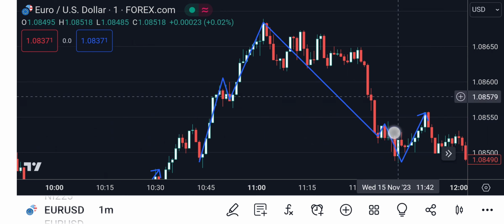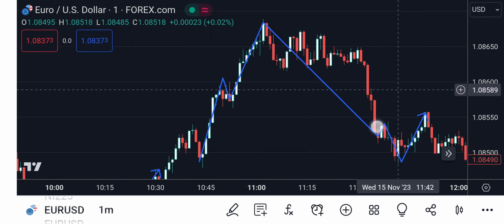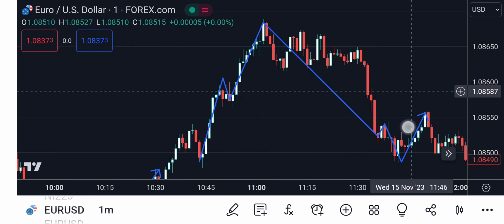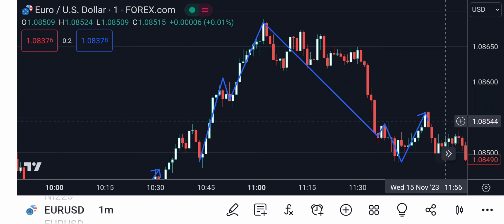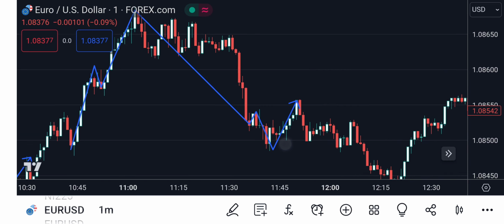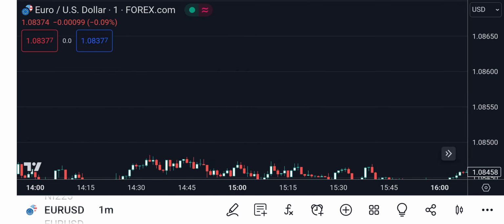I put a sell limit above that bullish candle, and then yeah, the rest is history. From there, it just keeps trending, going down, and all that.